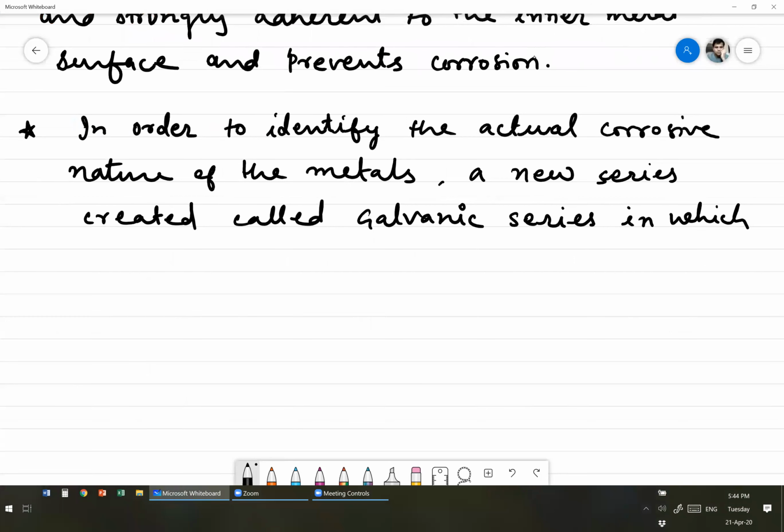In this series, not only metals but also alloys are included.